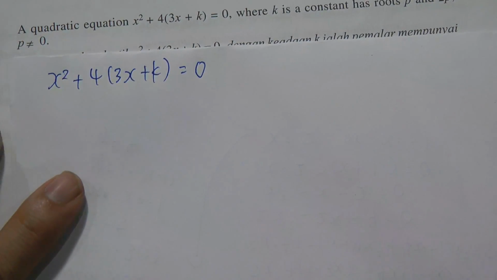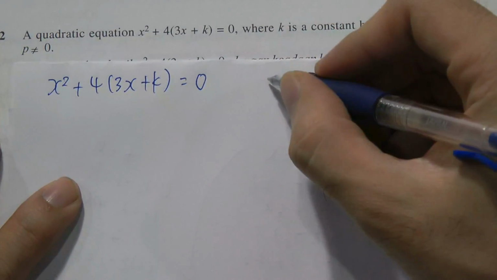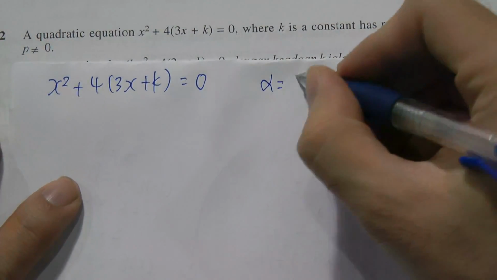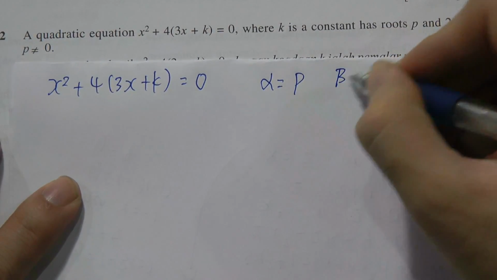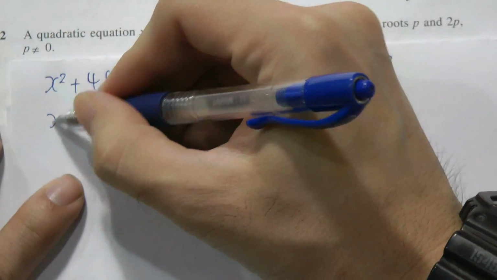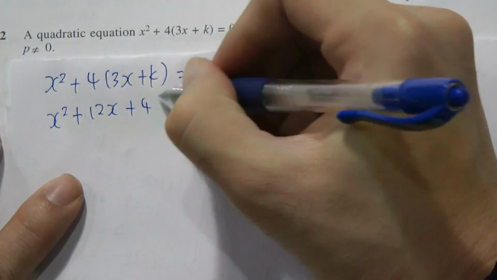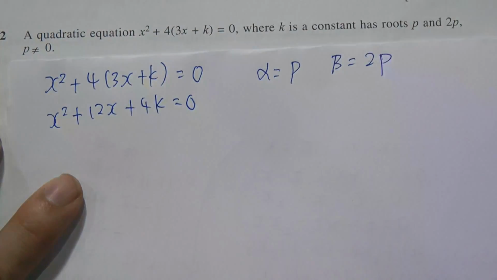Given that we have 2 roots, I assume alpha will equal to p and beta will equal to 2p. Then I expand this equation first, so x squared plus 12x plus 4k equal to 0.